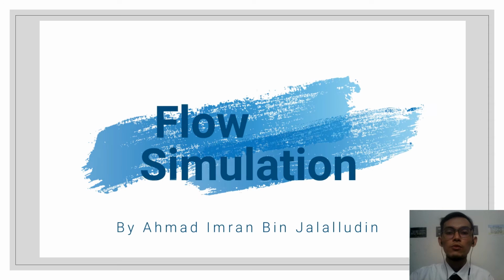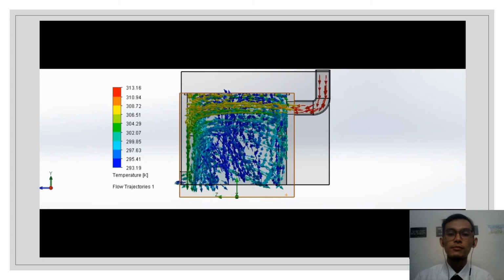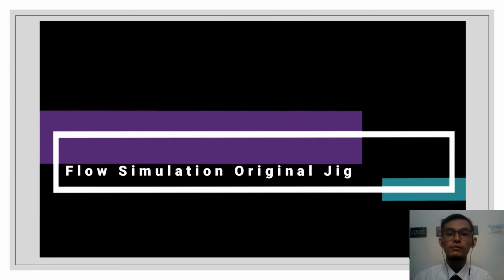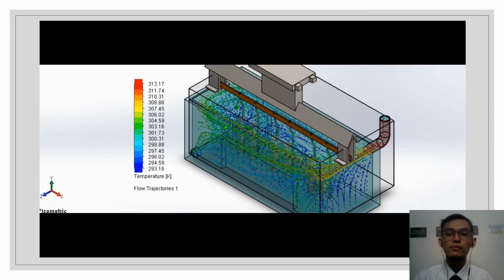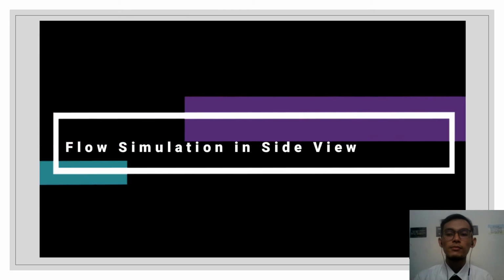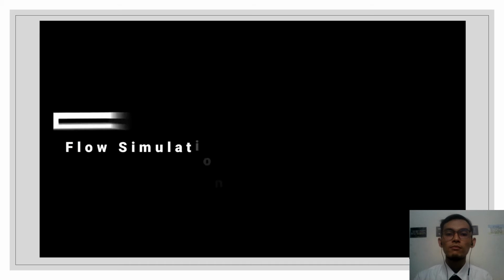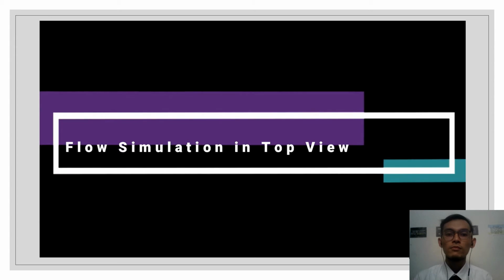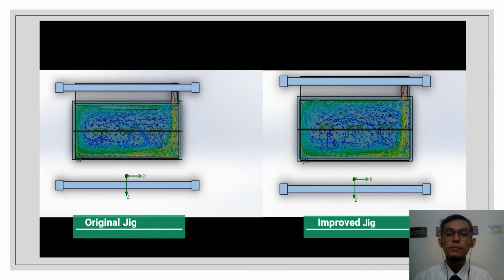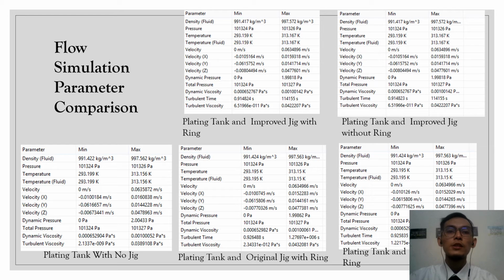Next, I am going to show you the flow simulation process. For flow simulation parameter comparison, we have three situations to compare between two jigs.